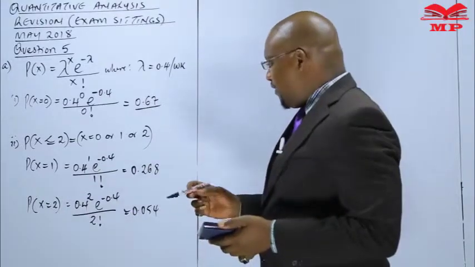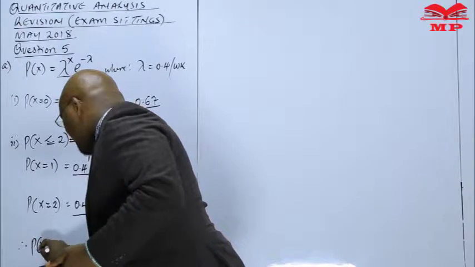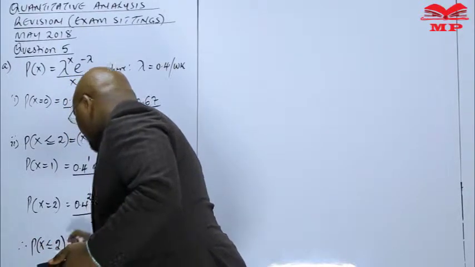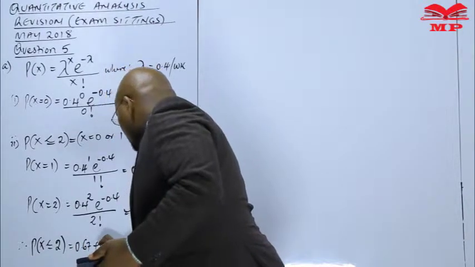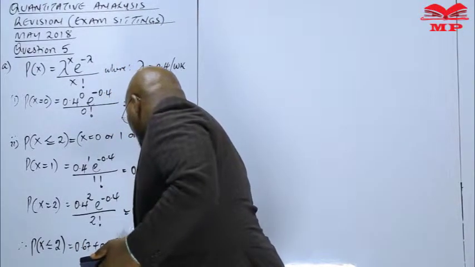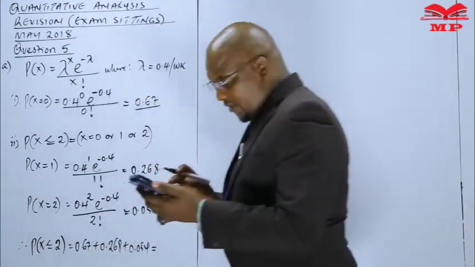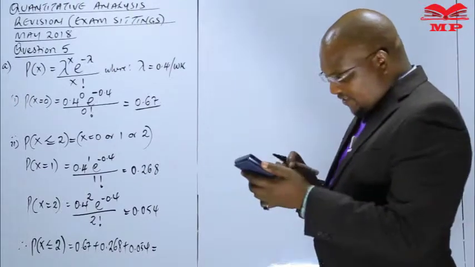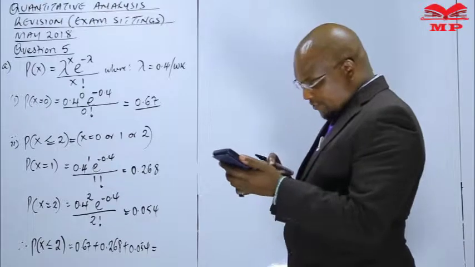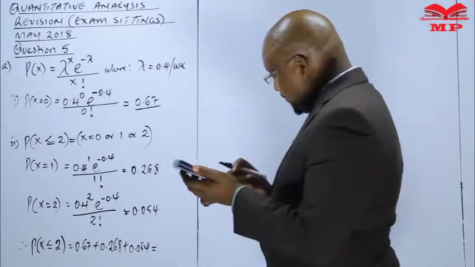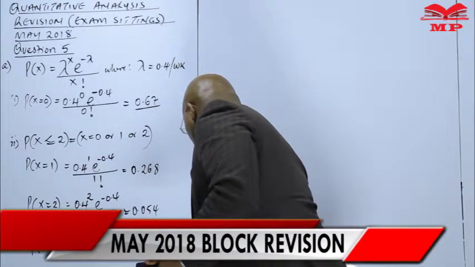So we can say that our answer, therefore, the probability that x is less than or equal to 2 shall be, for 0, 0.67 plus 0.268 plus 0.054. If I add this, 0.67 plus 0.268 plus 0.054, this comes to 0.992.